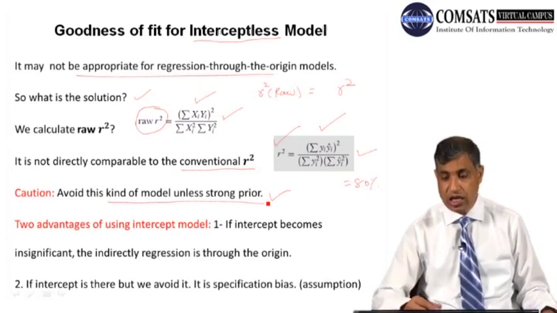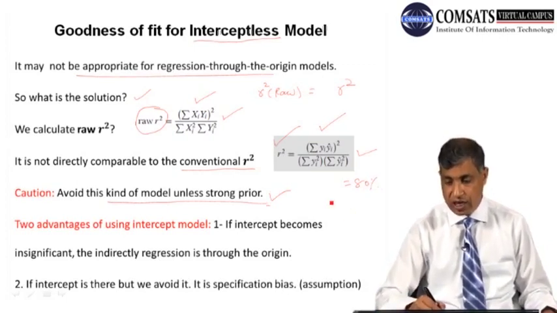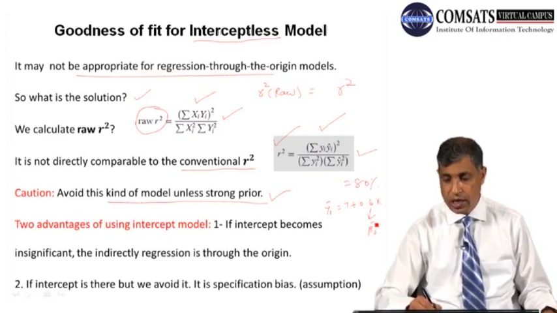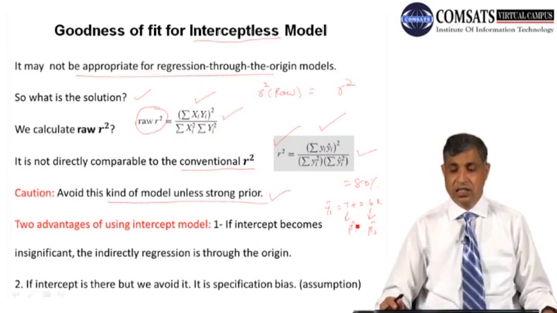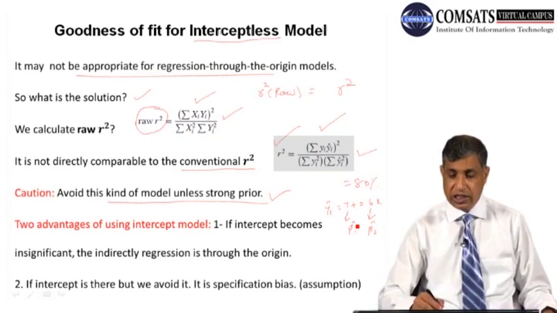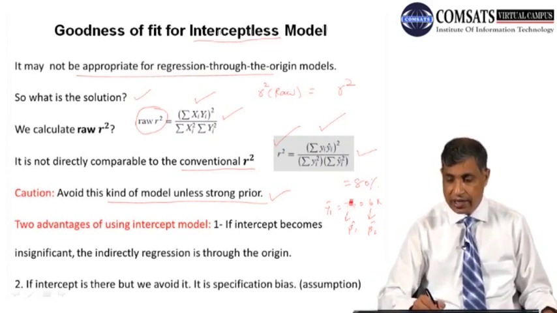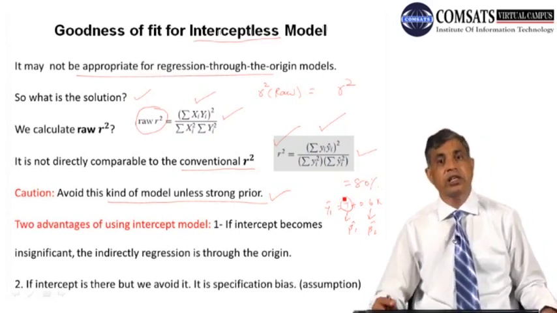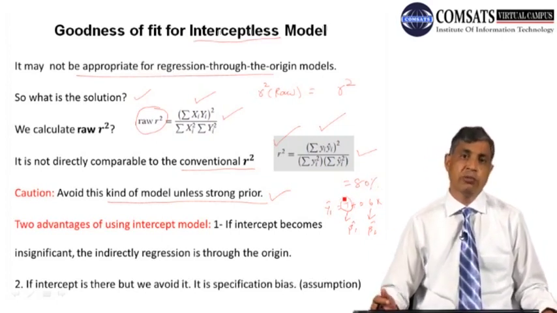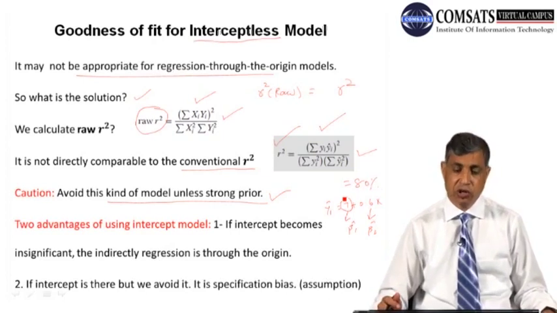It has two reasons. The first is, look at this, if we have yi hat equal to 7 plus 0.6 x, so this is beta 2 hat and this is beta 1 hat. What this tells us is that if beta 1 hat is statistically insignificant, it immediately means that indirectly it is equal to 0.